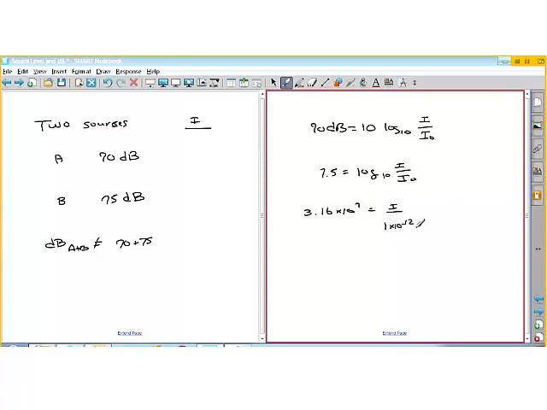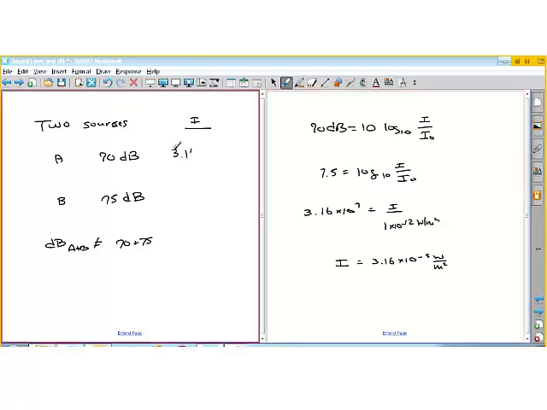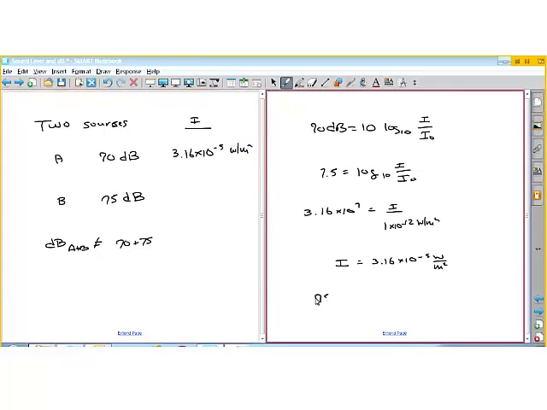And I0 is 1 times 10 to the minus 12th watts per meter squared. Decibels don't have any units, so the sound intensity is going to be 3.16 times 10 to the minus 5 watts per meter squared. 10 to the 7th times 10 to the minus 12 is 10 to the minus 5. So this intensity is 3.16 times 10 to the minus 5 watts per meter squared.